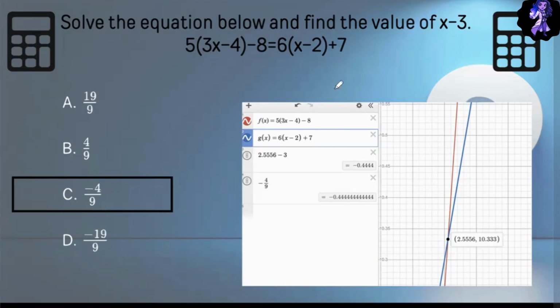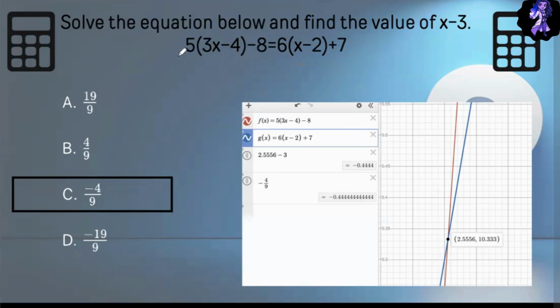Okay, with that being said, you can type in the left-hand side as equal to y and the right-hand side equal to y, or a function of x, and solve to find the point of intersection to find the value of x.